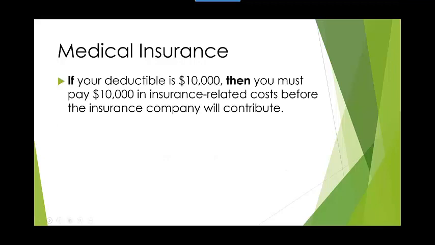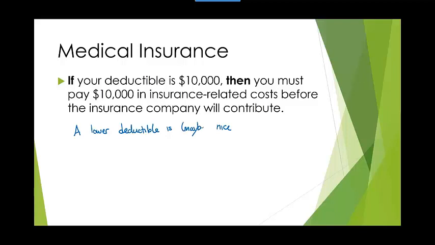So for example, again, here's the conditional, if your deductible is $10,000, then you must pay $10,000 in insurance-related costs before the insurance company will chip in with their money. And so you can guess from this that a lower deductible is nice, because you have to pay less before the company will help you out.